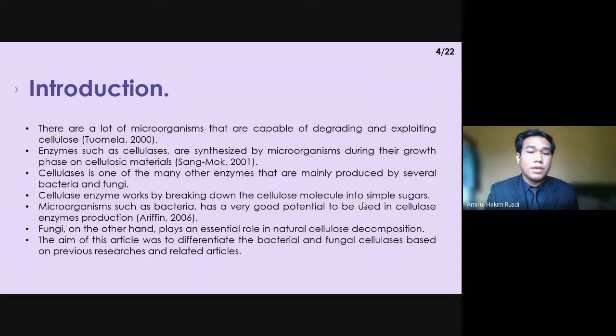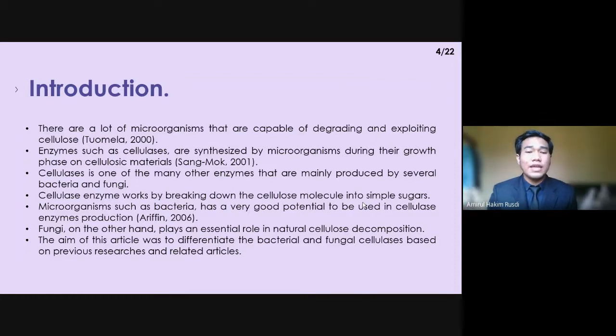Microorganisms such as bacteria, which have a high growth rate compared to other organisms, have very good potential to be used in cellulase enzyme production, and cellulase-producing bacteria can be found in decaying fruits and many more.